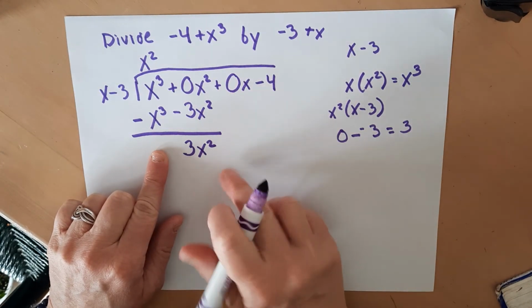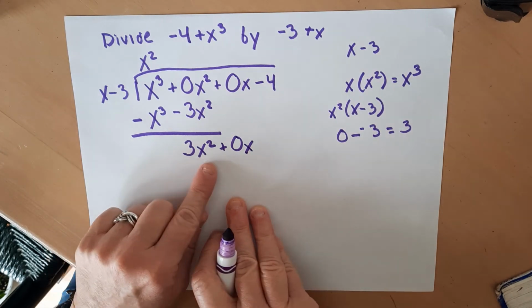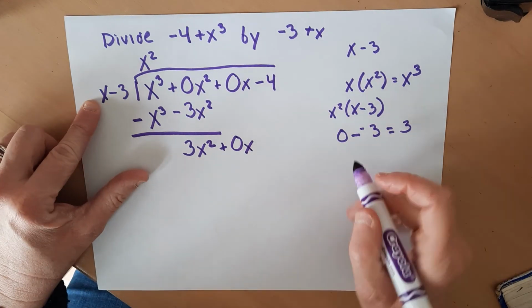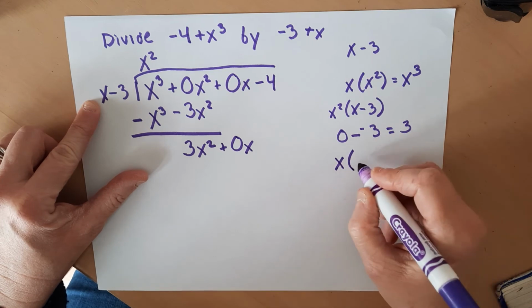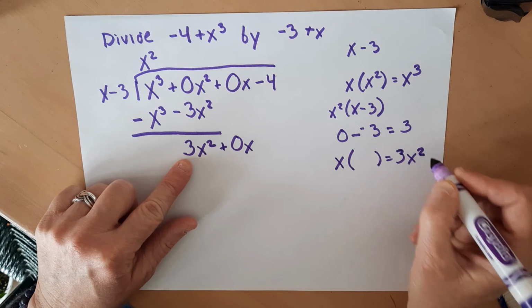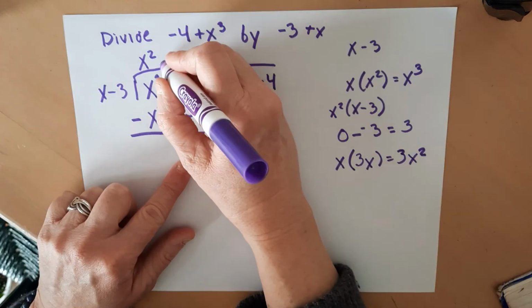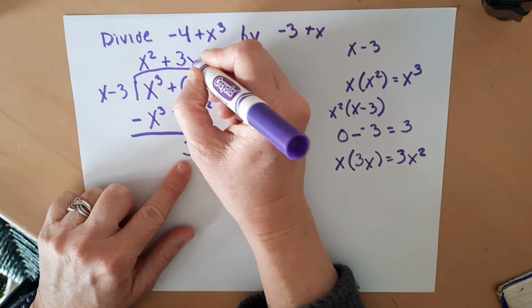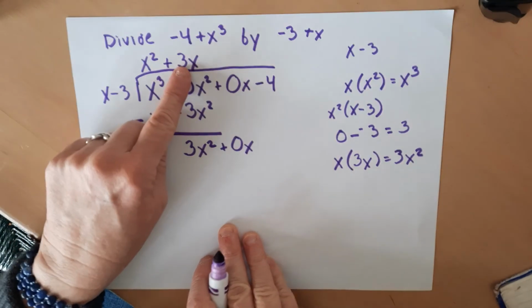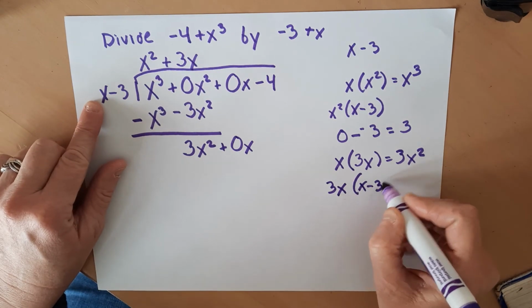Now we're going to bring down the plus 0x. We're going to look at this term, 3x squared, and this x, and we're going to think to ourselves, what do we multiply x by to get 3x squared? Well, we multiply it by 3x. So we put the plus 3x on top of our division sign, and now we multiply 3x by x minus 3.